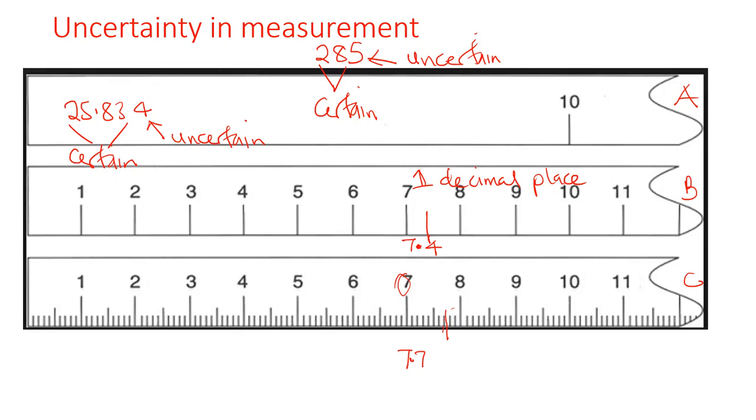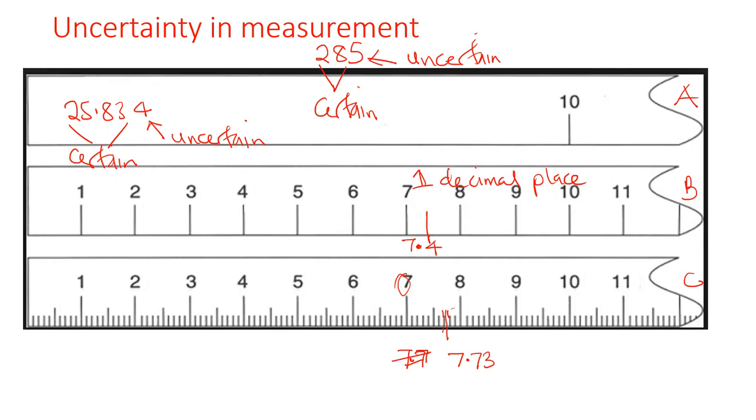But you also need to indicate between this and this. You need to give me the value. So I would say 7.7, 7.73. So the number of decimal places that you give will depend on the measuring instrument.